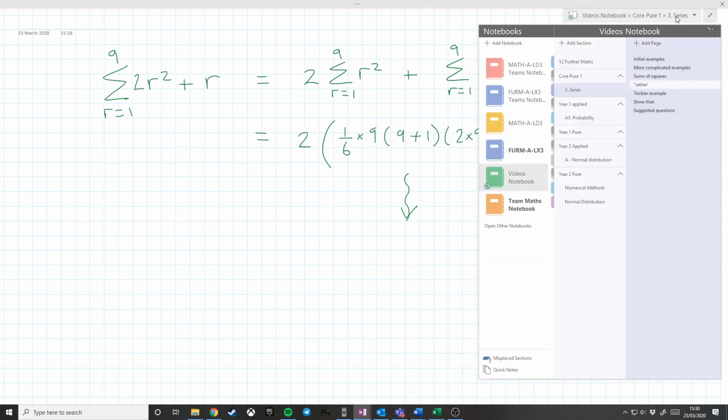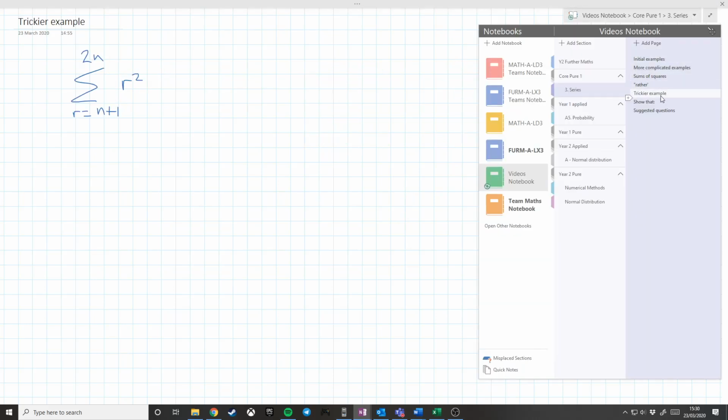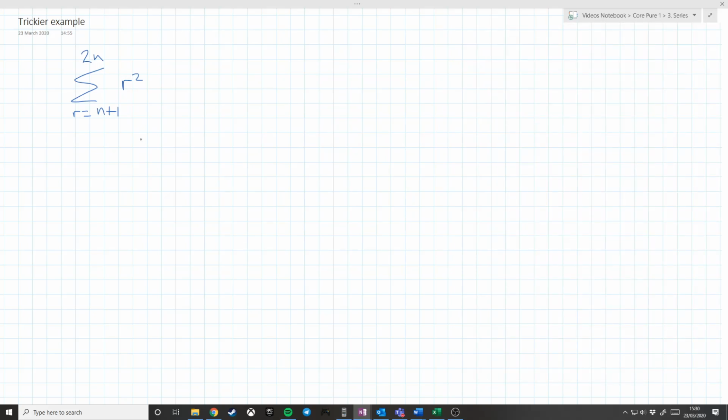These are relatively okay. I'm going to jump to some of the slightly trickier examples. So I'm going to have a look at this one. You can pause it at this point and have a go yourself. How can we simplify this? And I want it in factorized form at the end.